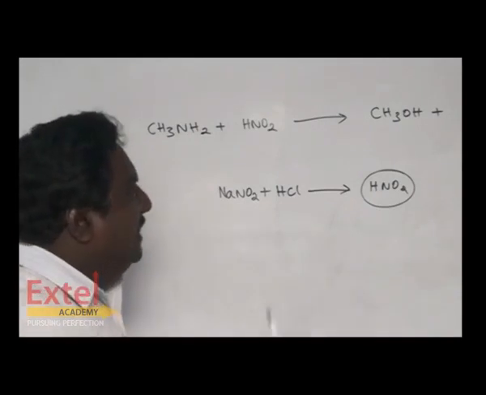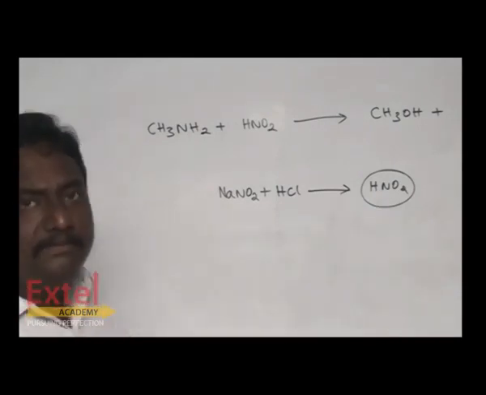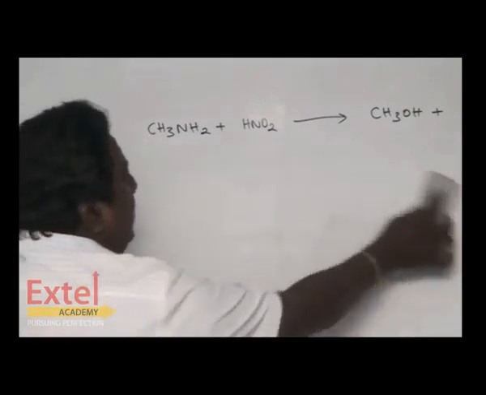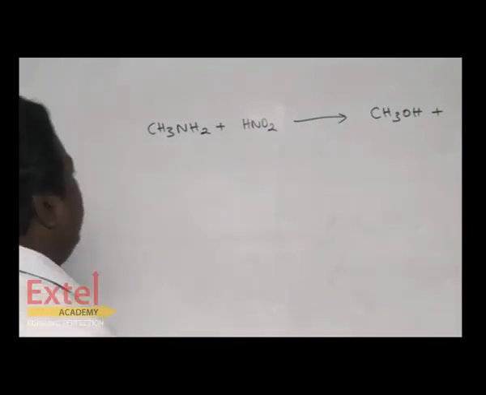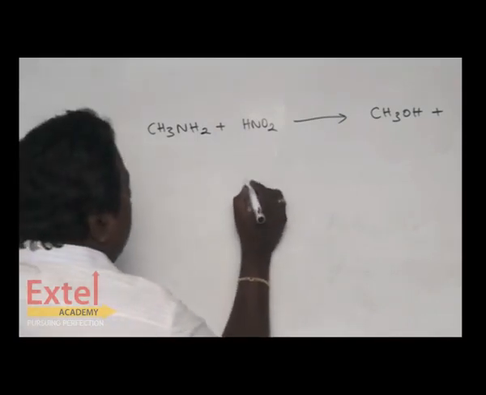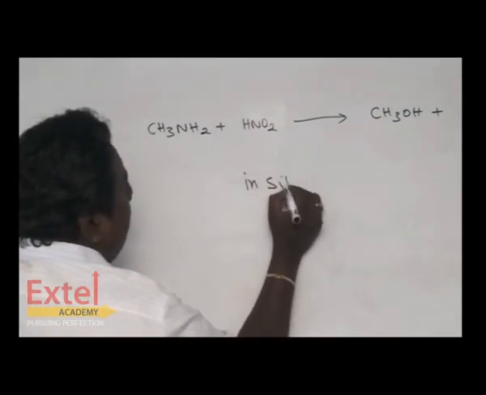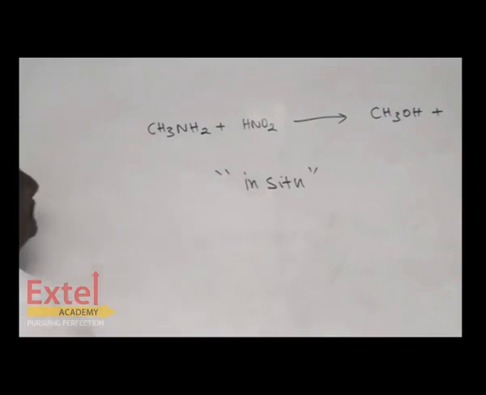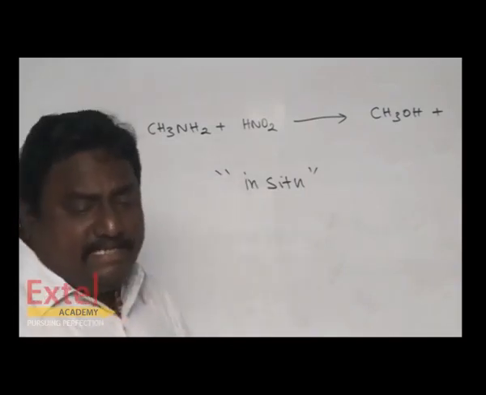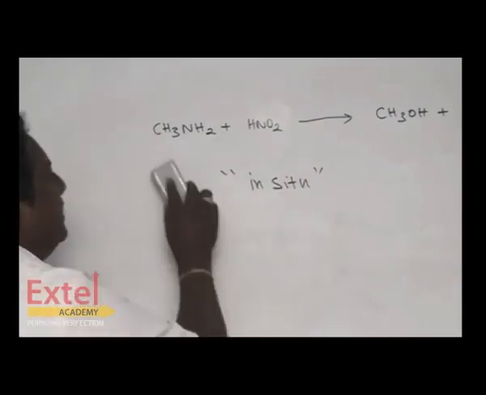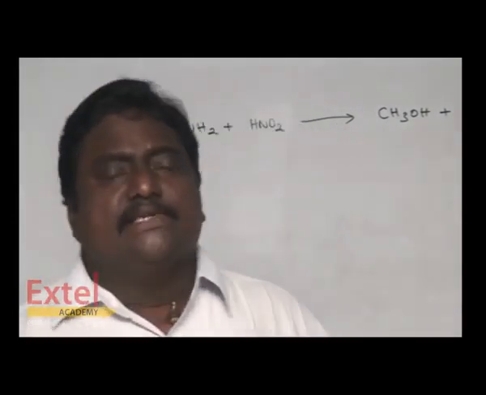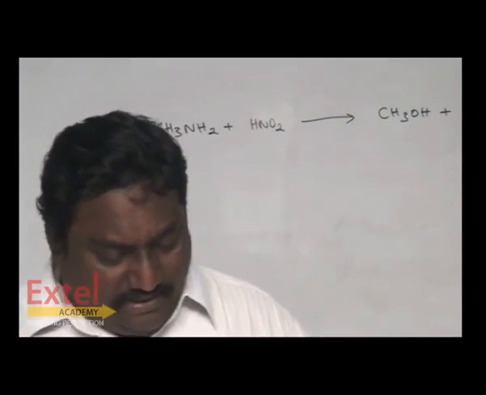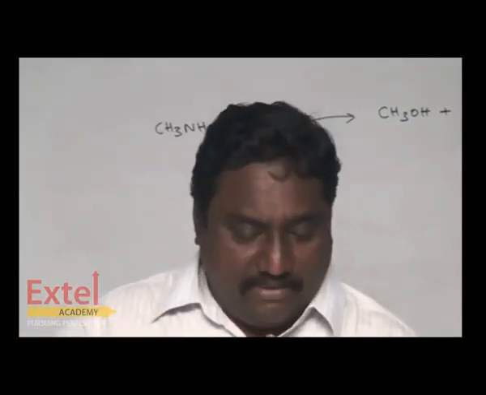In the spot itself, HNO2 has been formed and reacts. That's why it is prepared by the in situ method. In situ is a French word. In situ means in the spot itself it has been prepared.